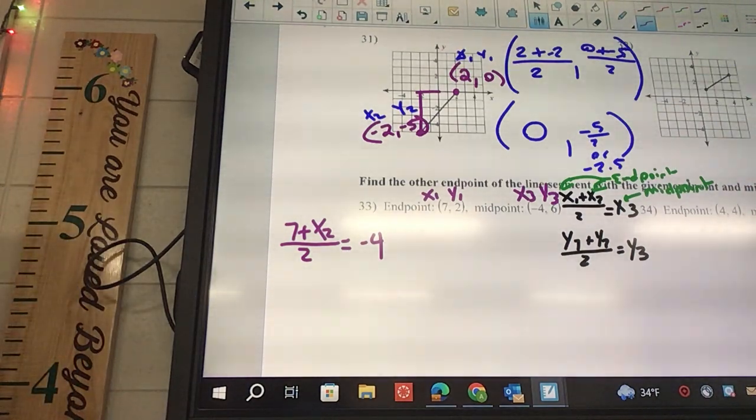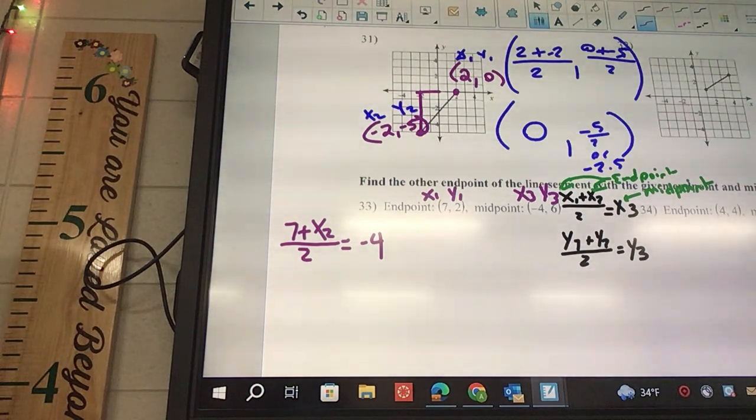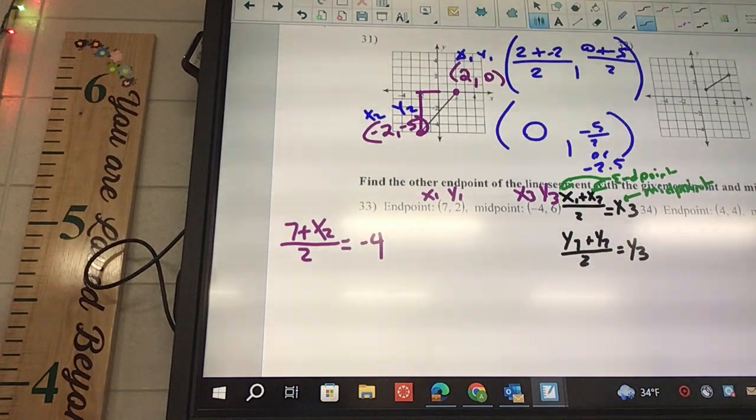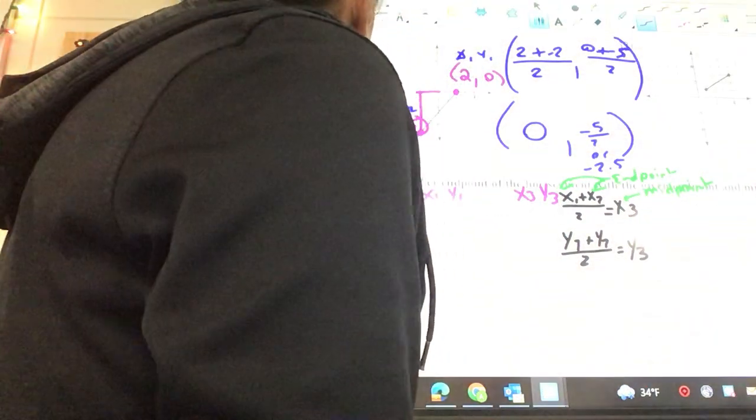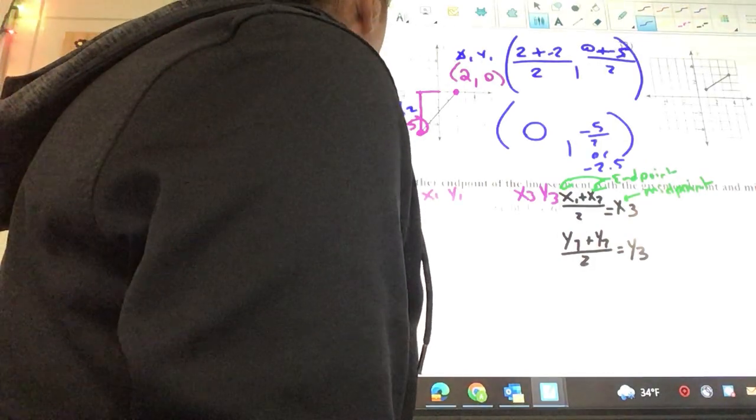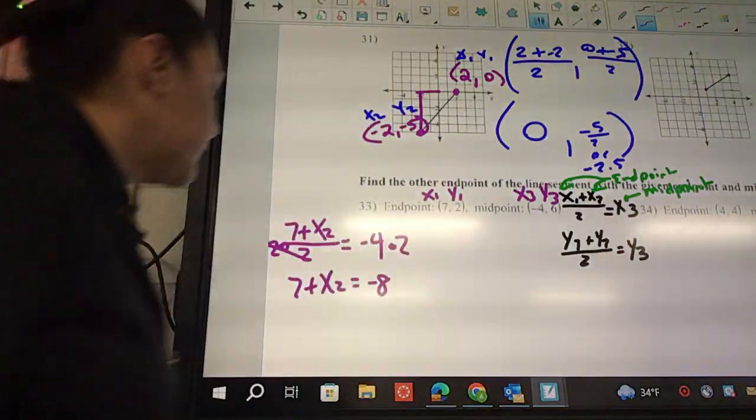Okay, then what? Solve. Yeah, we're gonna solve, but how do we solve? What needs done first? Not divide. Multiply by 2. Times by 2. Okay, so I'm gonna get 7 plus x2 equals negative 8.